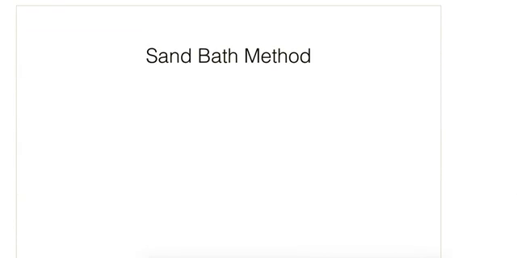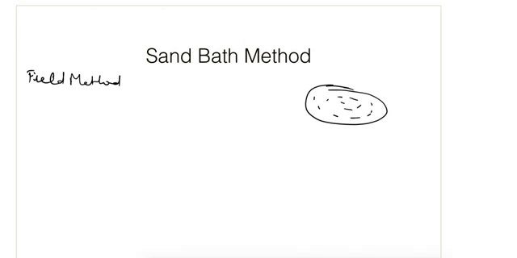Next is the sand bath method. This is a field method, and if we want to calculate the moisture content directly in the field, then we use this method. In this method, the sand bath is just a container, which is filled with at least 3 centimeter of soil.